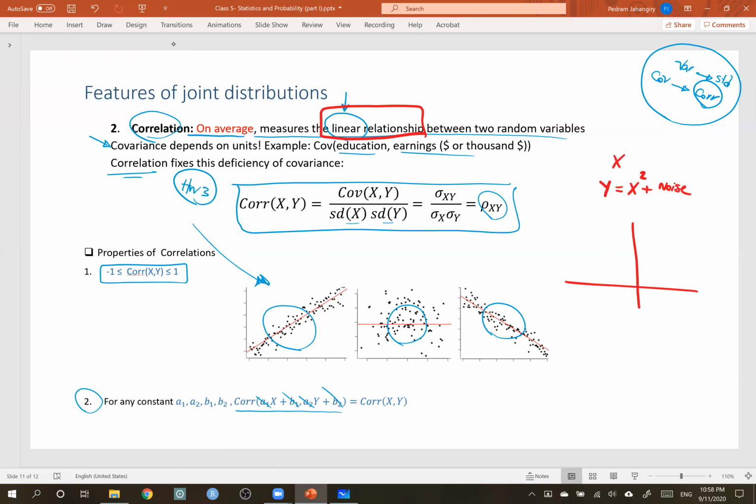Don't worry if you're not following, but graphically you should be able to figure it out. So this is the data, and it is symmetric. Let's say it goes from -5 to +5.